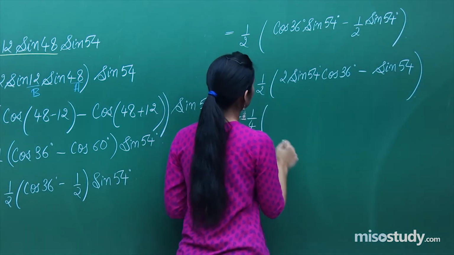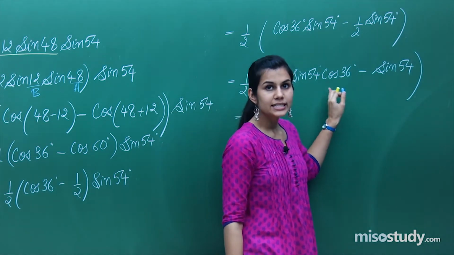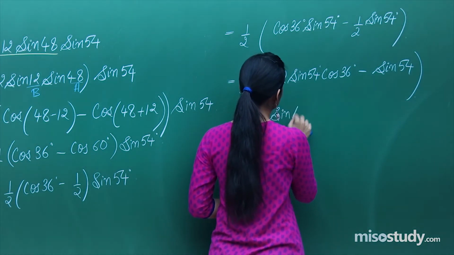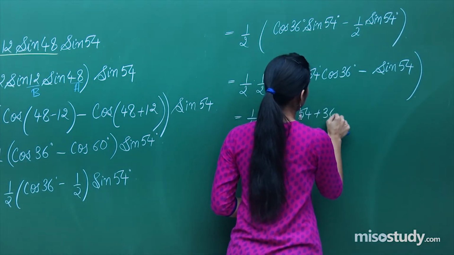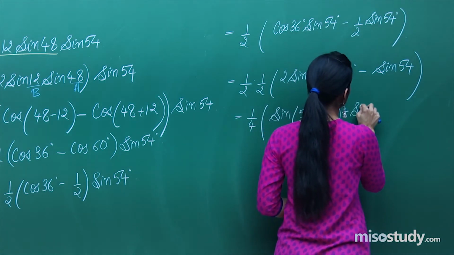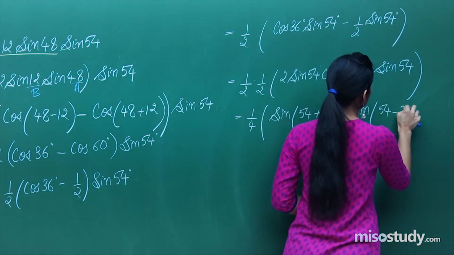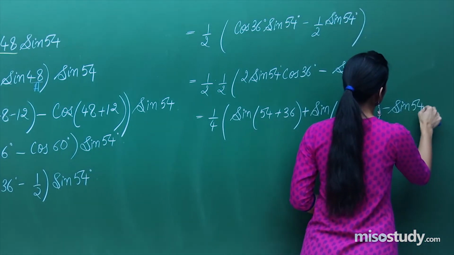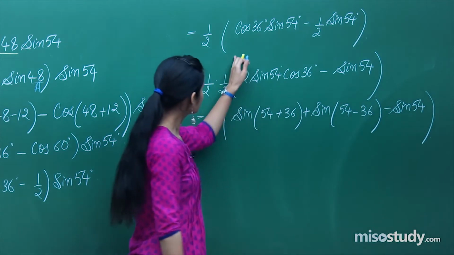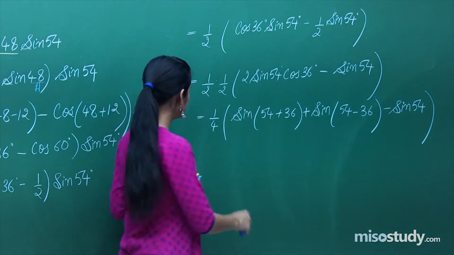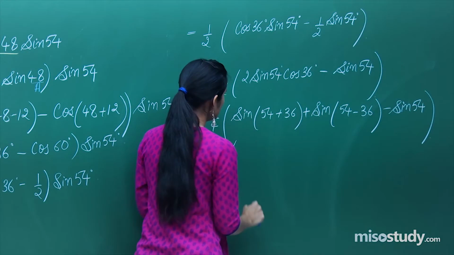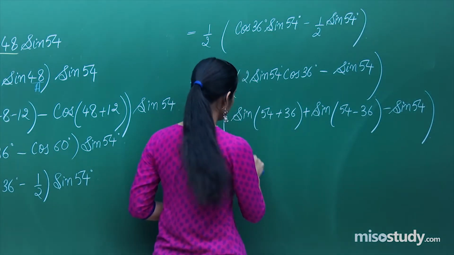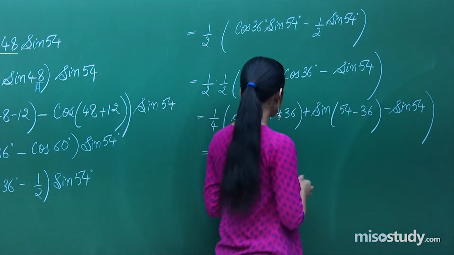This is 1 by 4. 2 sine A cos B is sine of A plus B plus sine of A minus B. So it is sine of A plus B plus sine of A minus B minus sine 54. Fine? What does this give you? 54 plus 36 is 90, sine 90 is 1. 54, so this is 90.